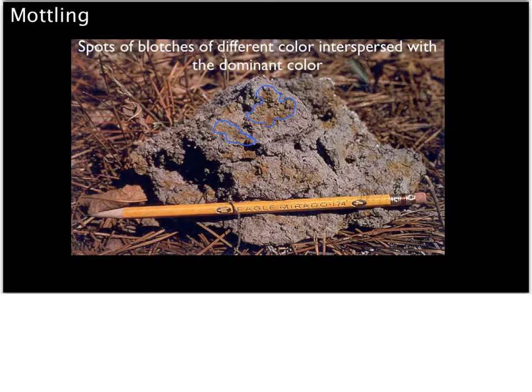So iron, when it's oxidized and has plenty of oxygen, is rust-like. So it's this orange that we're seeing here. Iron, when we place it in a low oxygen condition or a reduced condition, let's say we submerge it in water for a long time, it will start to turn gray. So it'll go from this red into a gray color.